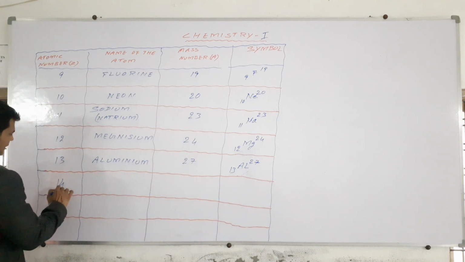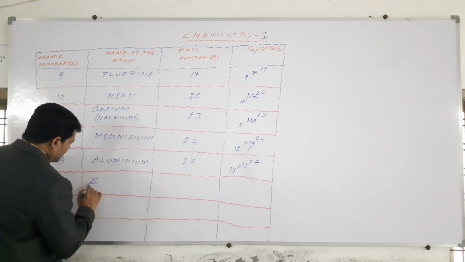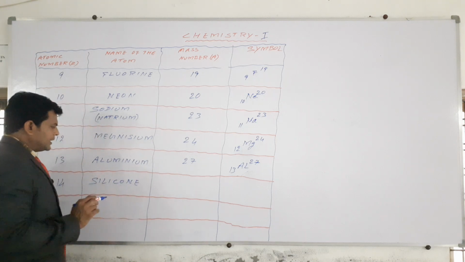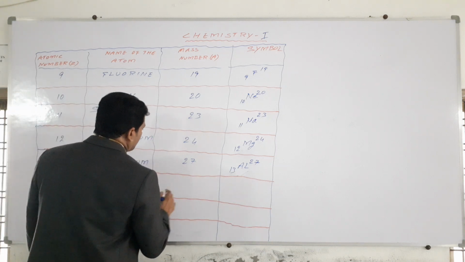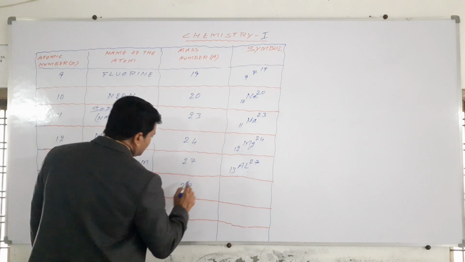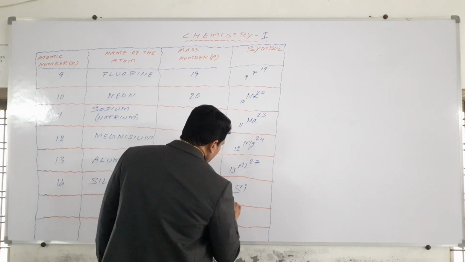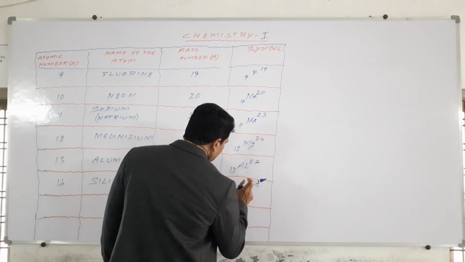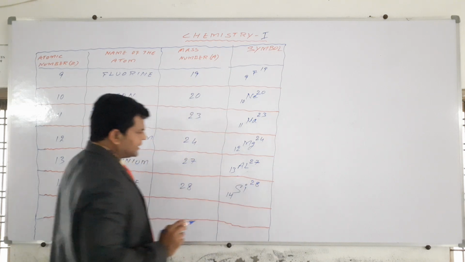Next 14, silicon. Next mass number 28, symbol Si 14, 28.